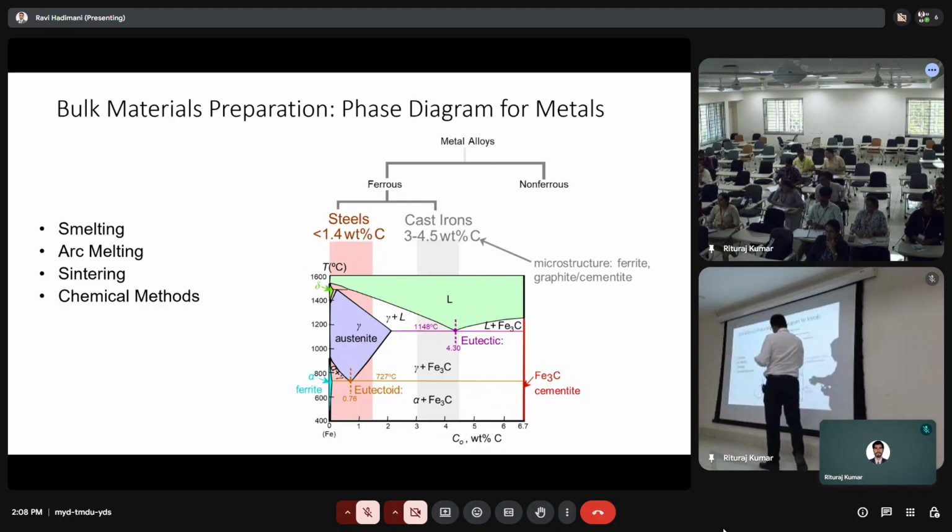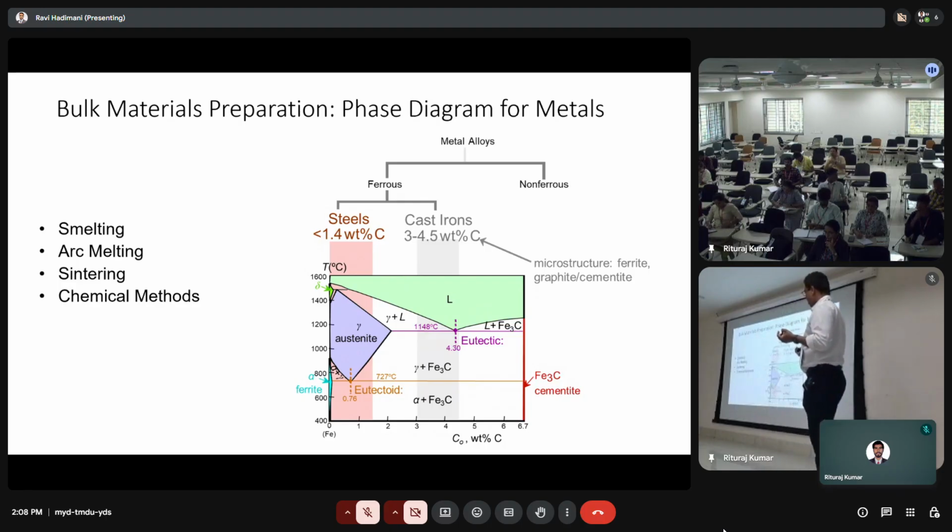The different types of materials processing: for metals, it is smelting, arc melting, sintering, and chemical methods.